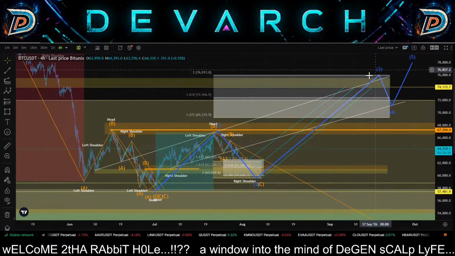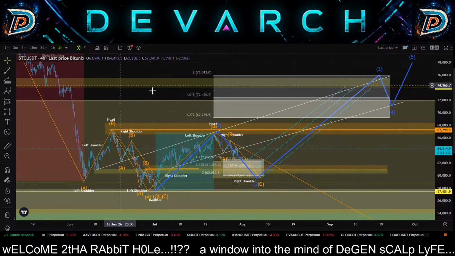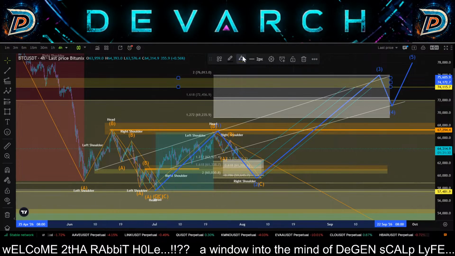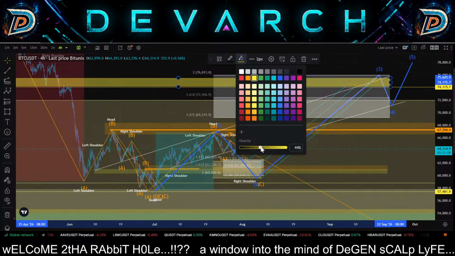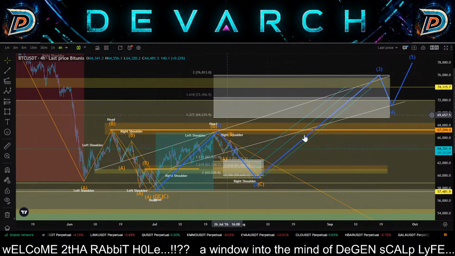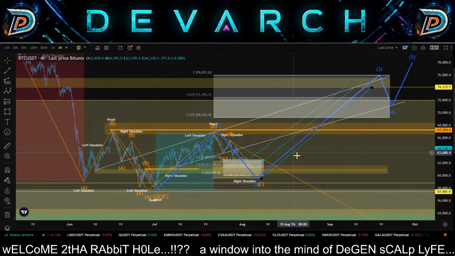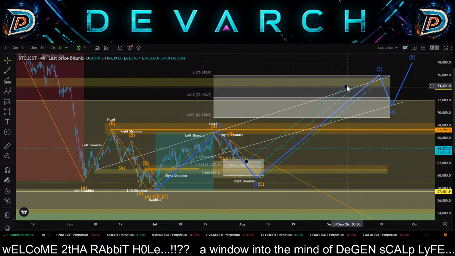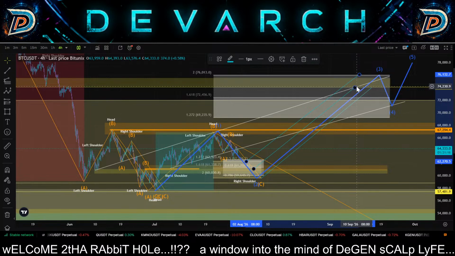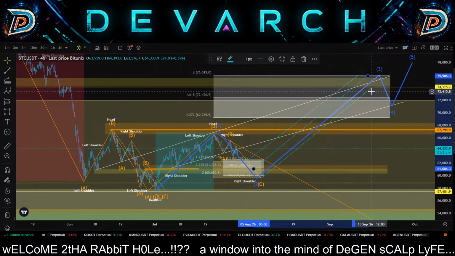Like this wave 3 up here in confluence with this yellow shaded zone, right? It all needs to line up, and have what's called confluence. So let's put these all the way up to the measured move target.